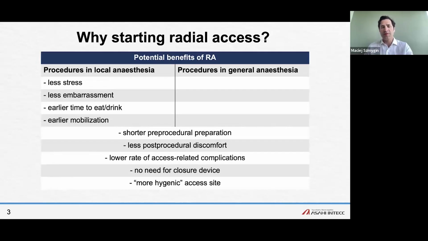We will see the data. There is no need for a closure device. We apply the band, but it's removed after a few hours. And it's a more hygienic access site, which is also important for patients who have to stay in bed for a few days if they need to. So it's a lot of benefits.